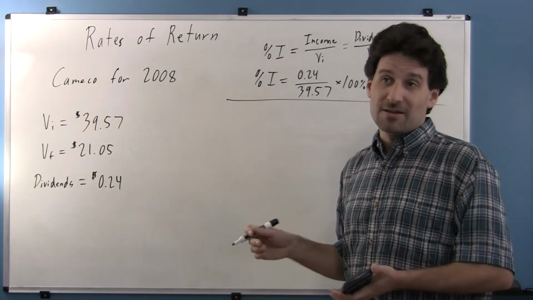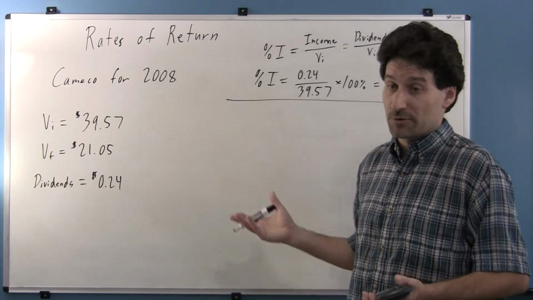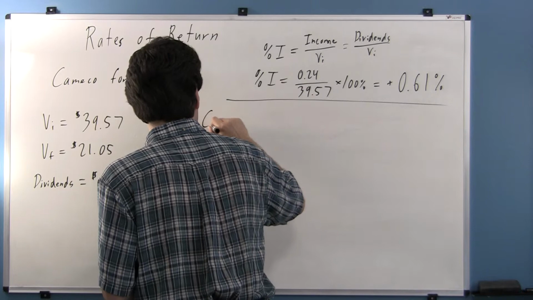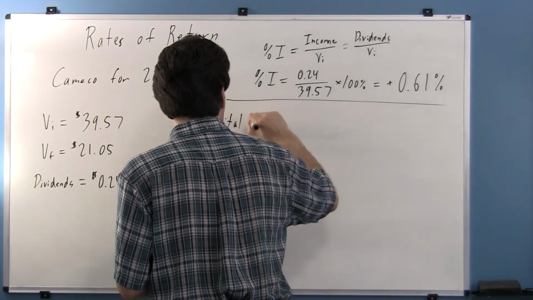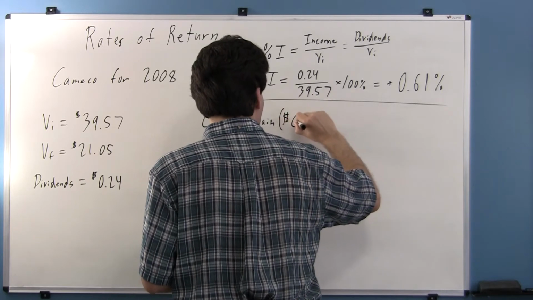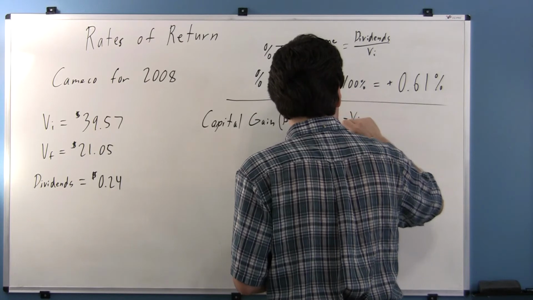Now the capital gain, the amount of dollars you actually gained or lost, you could multiply by the 100 shares. But let's calculate this. The capital gain in dollars is just VF minus VI.